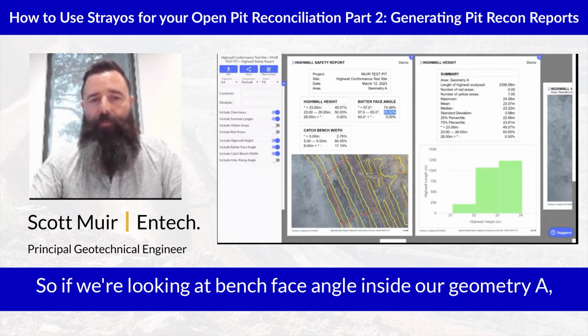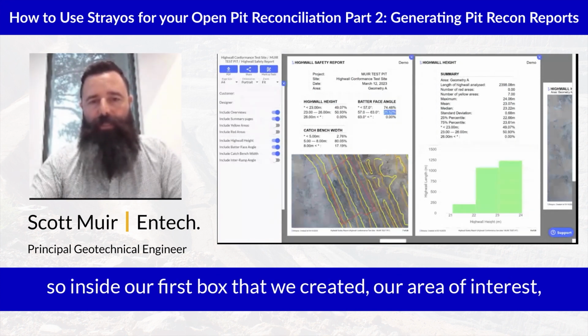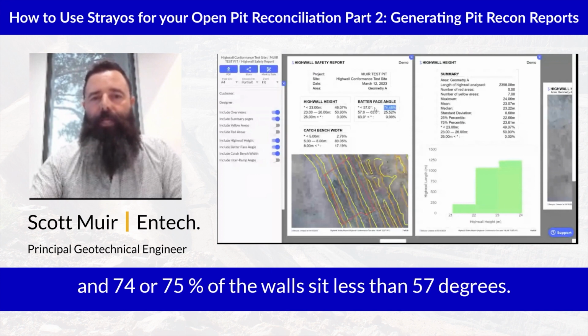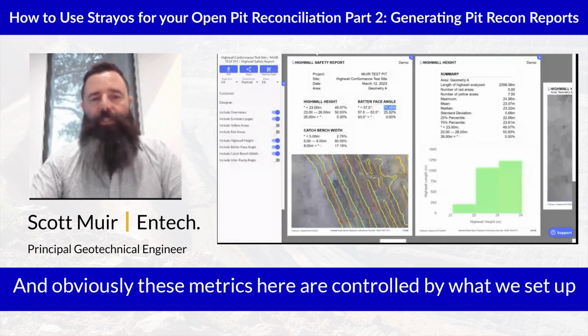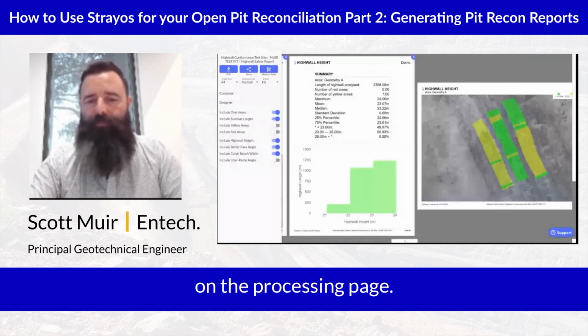So if we're looking at bench face angle, inside our geometry A, so inside our first box that we created, our area of interest, 25.5% of our walls sit between 57 and 63 degrees, and 74 or 75% of the walls sit less than 57 degrees. And obviously these metrics here are controlled by what we set up previously when we were playing around with the toggles on the processing page.